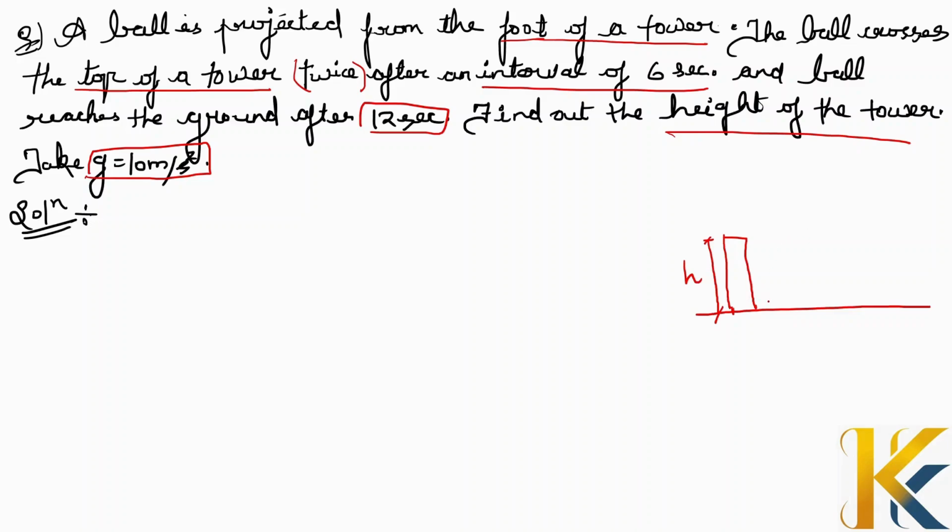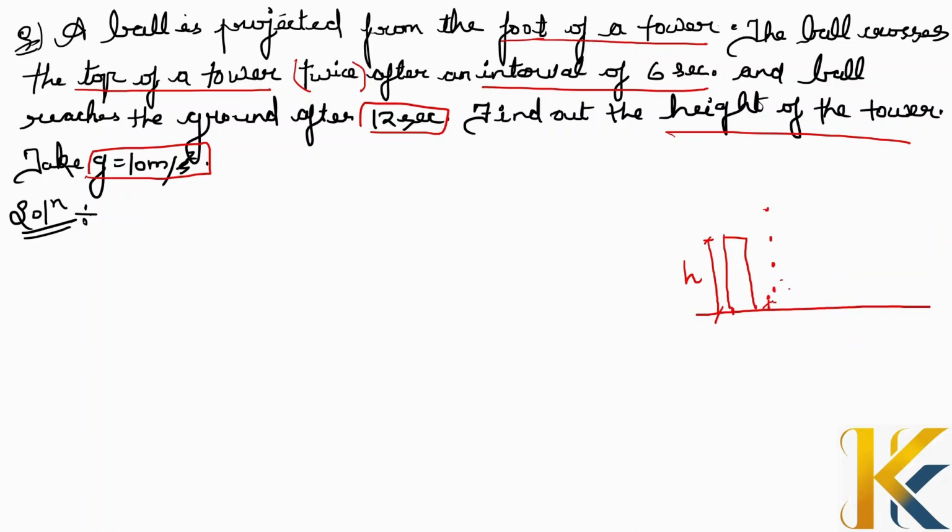What's happening here? As in the previous question, in this question also, a gentleman is throwing a ball in the upward direction. So the ball will travel like this.